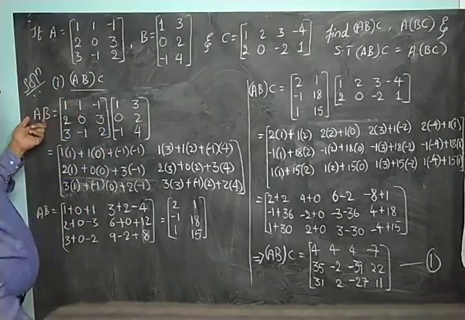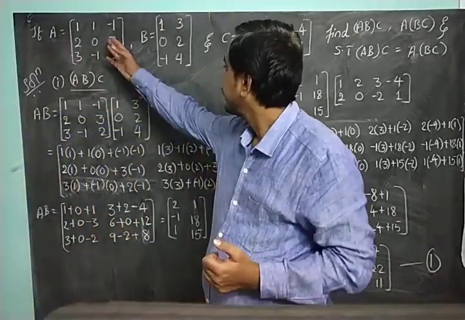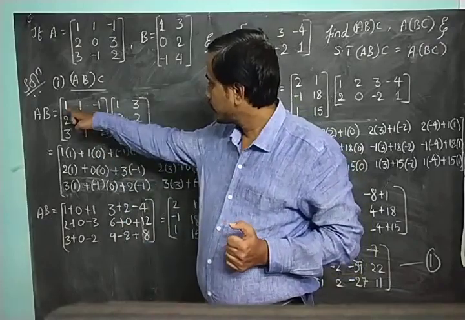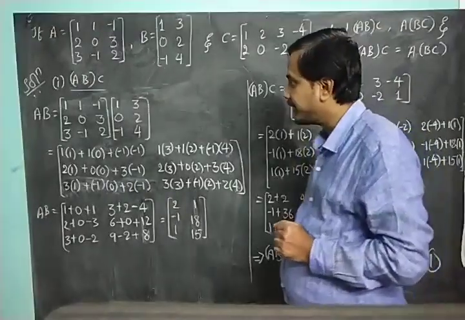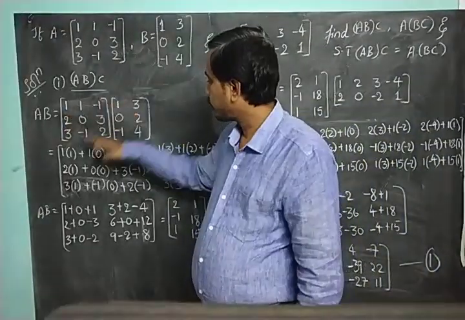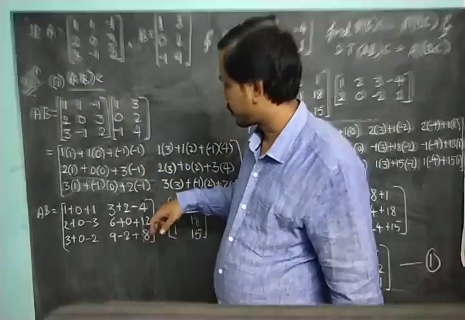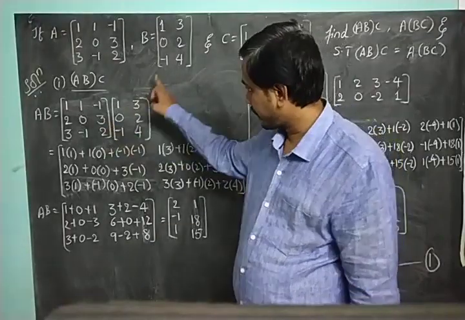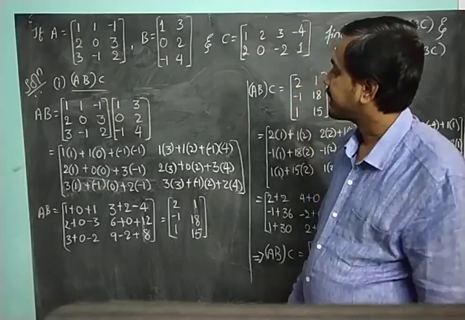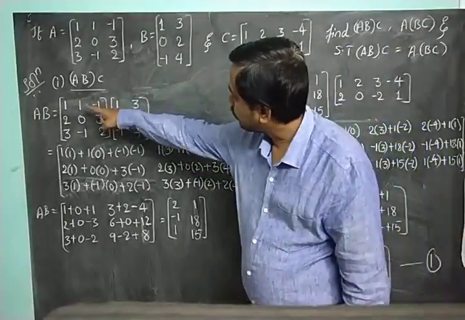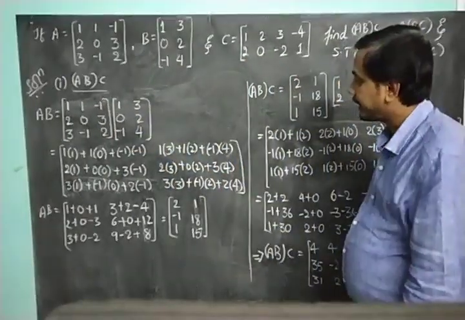What happens if you multiply A into B? Each row of matrix A should be multiplied with each column of matrix B. First row and first column: 1 into 1, 1 into 0, minus 1 into minus 1. First row and second column: 1 into 3, 1 into 2, minus 1 into 4. That forms the second element.